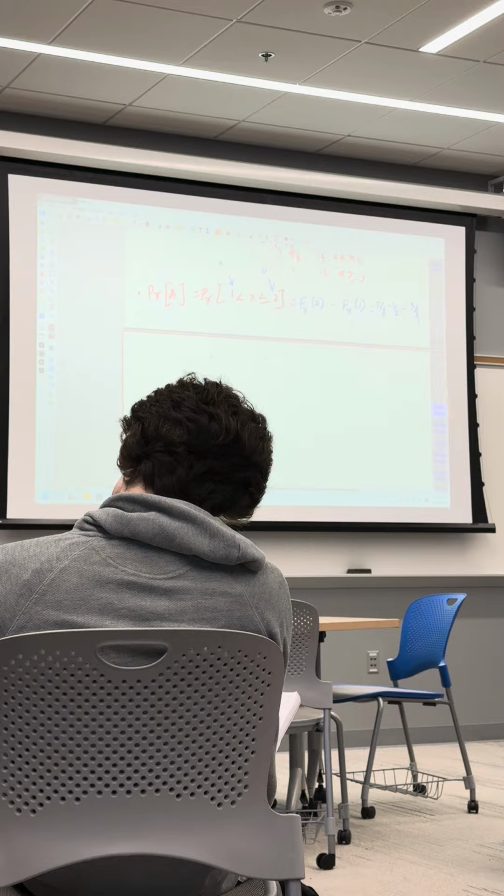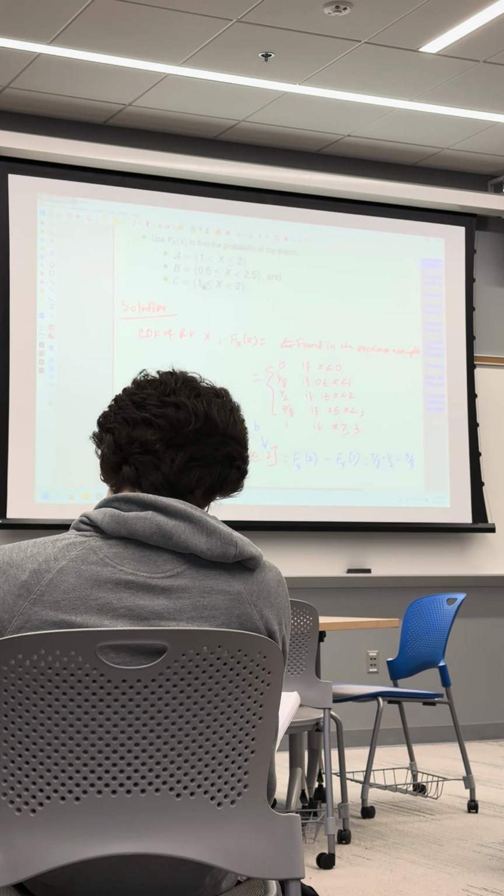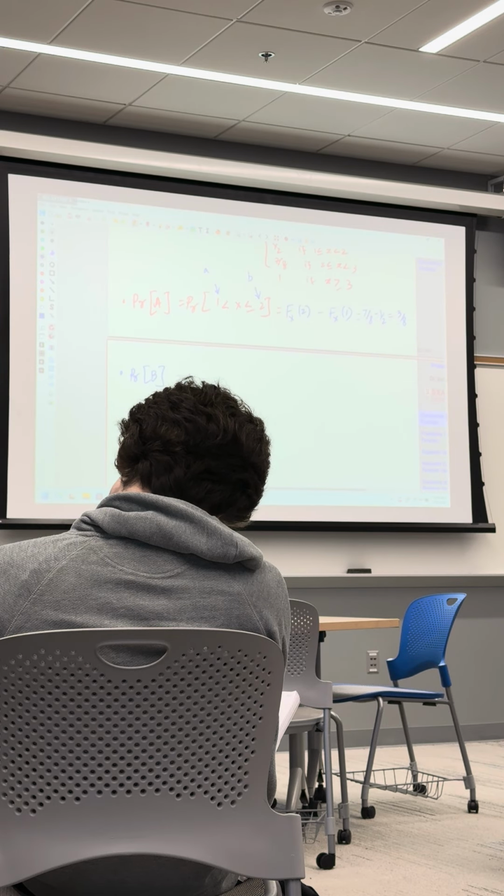Probability of B, which is basically the probability that 0.5 is less than or equal to X less than 2.5. What is that probability?